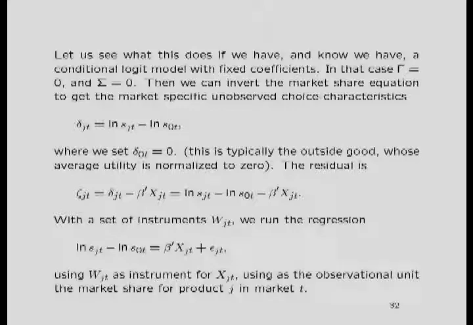Then what this is doing essentially is taking these market shares, looking at the difference in the logs of these market shares, and looking at the difference between that and beta prime x_jt, and given some set of instruments, you would essentially be doing two-stage least squares on these transformations of the market shares.